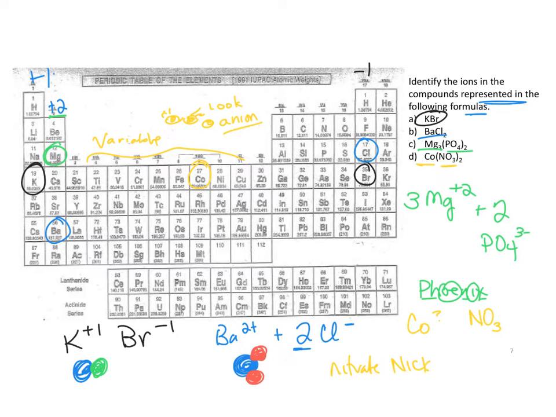That's Nic, the nitrogen, with 3 consonants, 3 oxygens, 1 negative, and there's 2 of them. So that's -1, there's 2 of them. Now we know what the charge is, because it has to sum to 0. So 2 times -1 is a -2, and there's only 1 cobalt, so this has to be a +2. And that's how we get the charge.